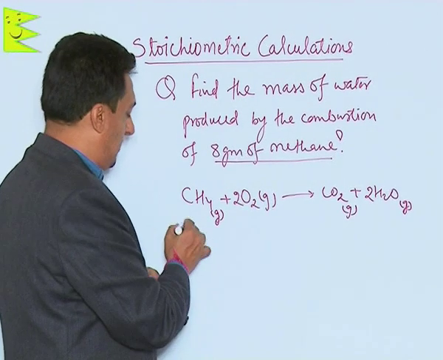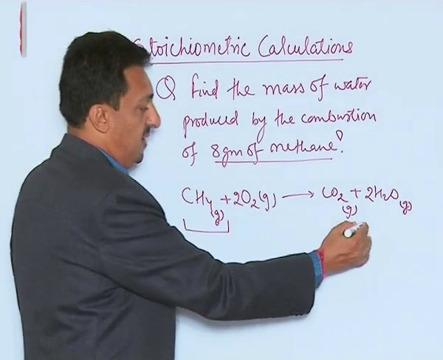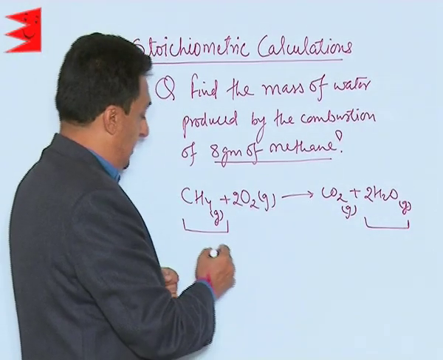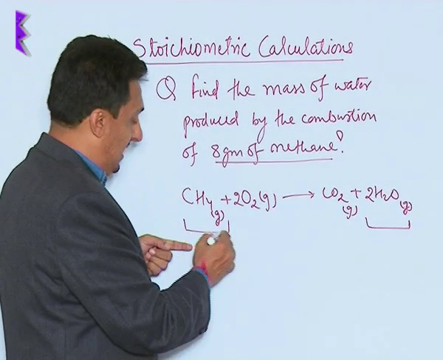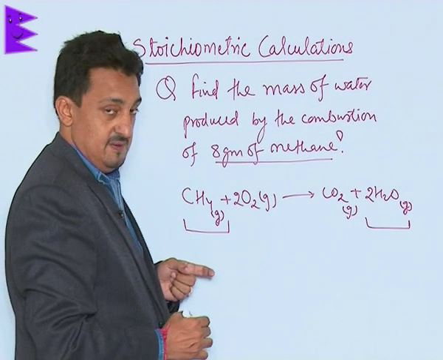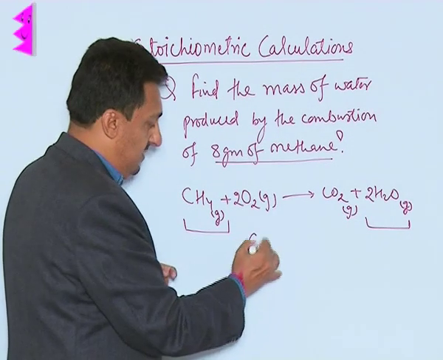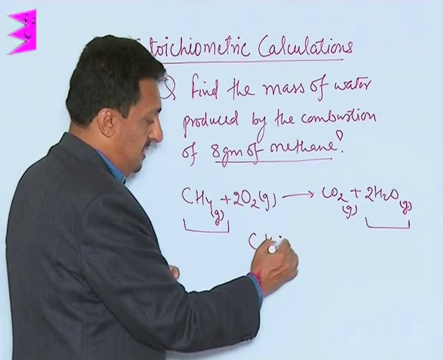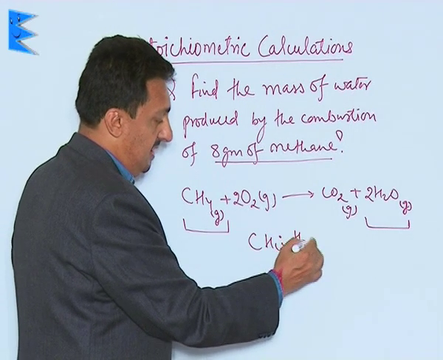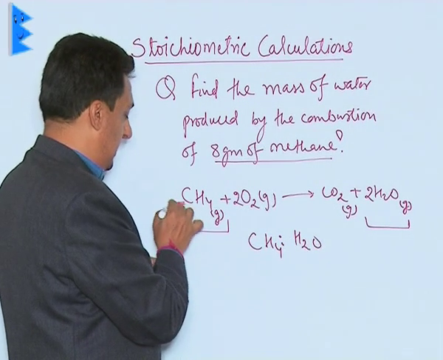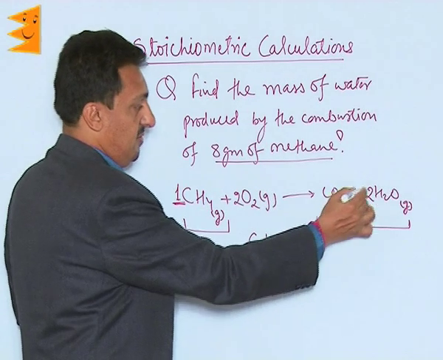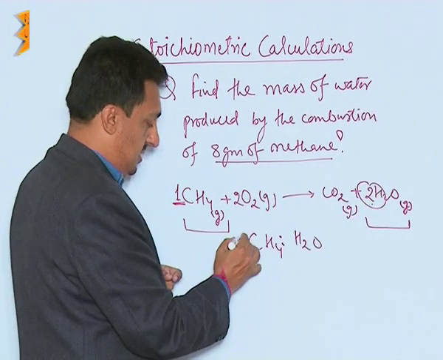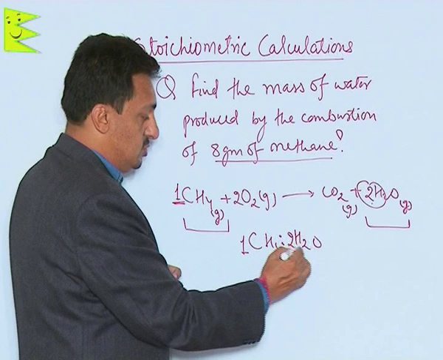Now from this balanced equation, we have to make out that in this numerical, methane has been correlated with water. What is the relationship in terms of moles between methane and water? See here, 1 mole of methane gives 2 moles of water.